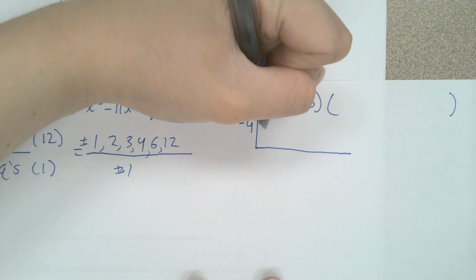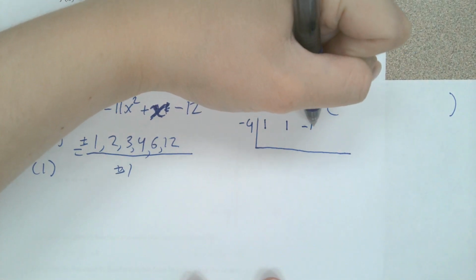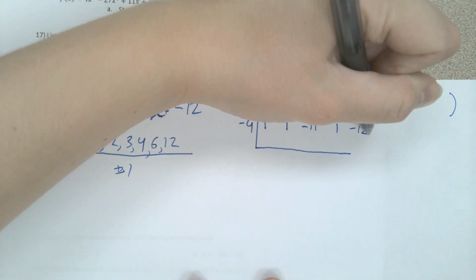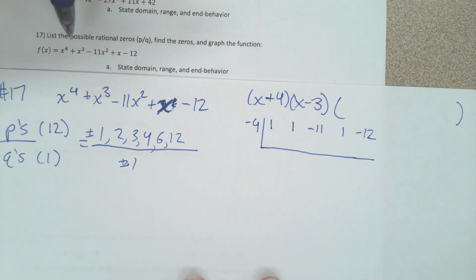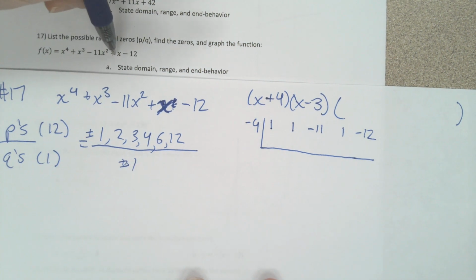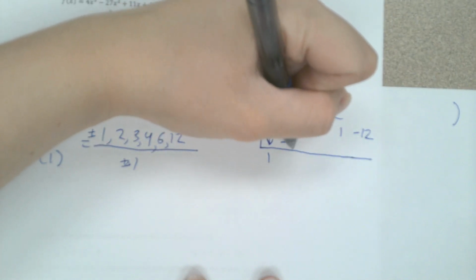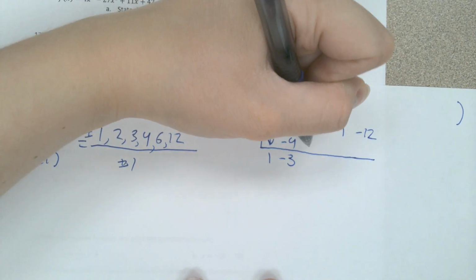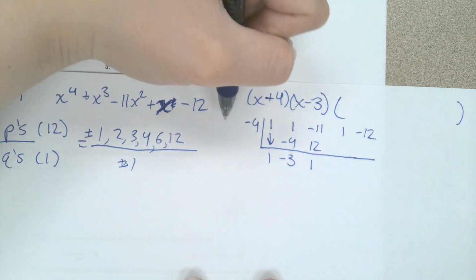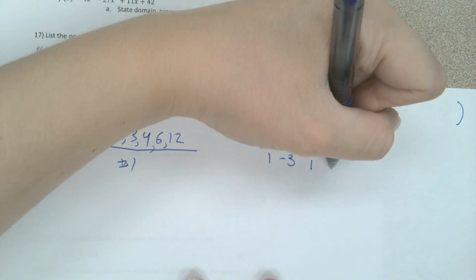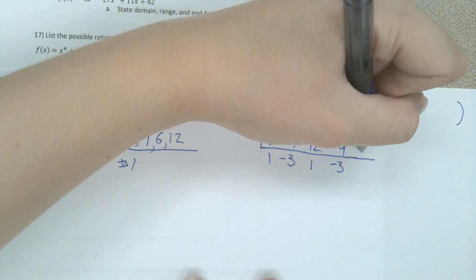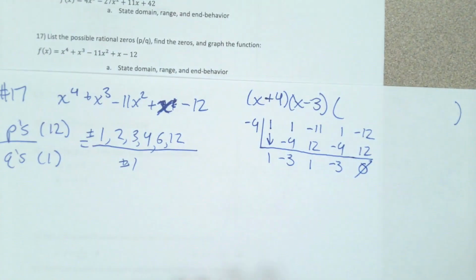So I have 1, 1, -11, 1, -12. I'm just taking that for my polynomial. Okay. Synthetic division, bring down the 1. 1 times -4 is -4. Plus 1 is -3, times -4 is 12, minus 11 is 1, times -4 is -4, plus 1 is -3, times -4 is +12, which gives us 0, as it should.